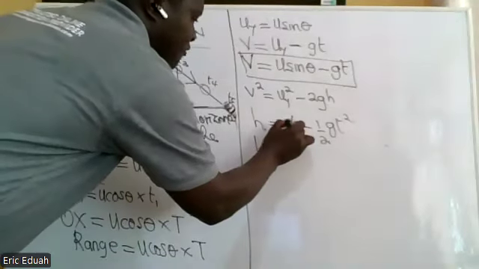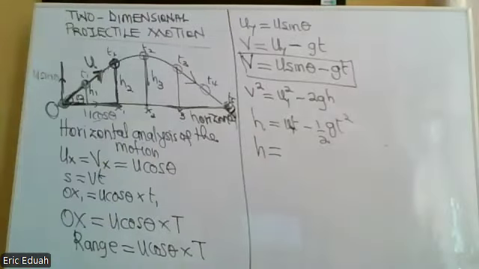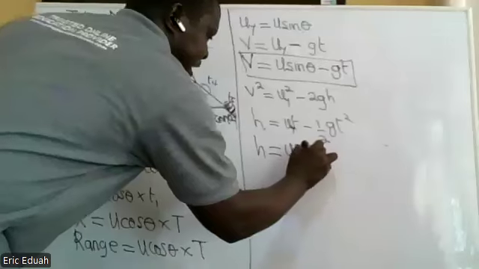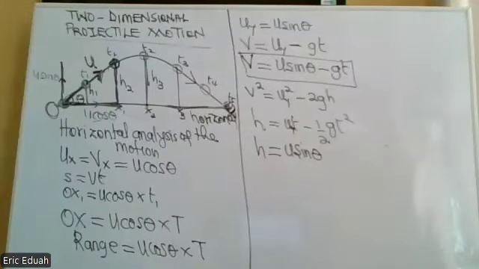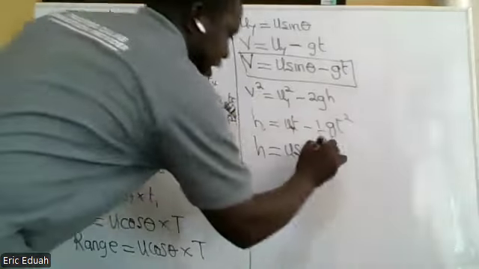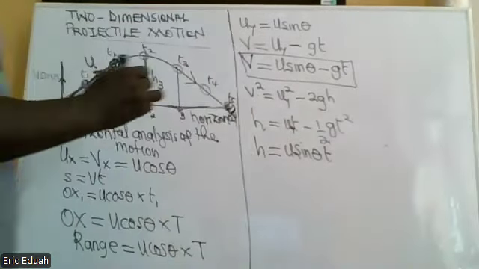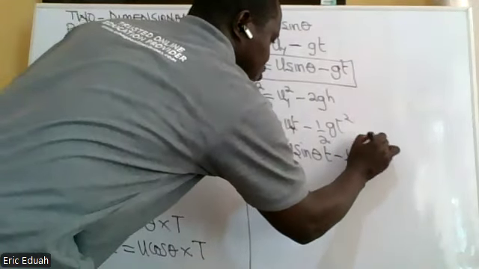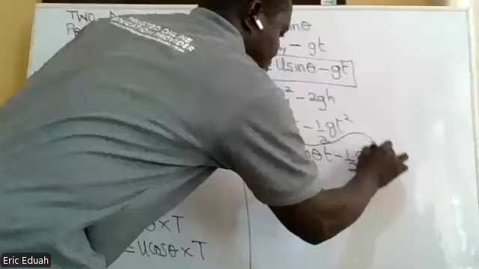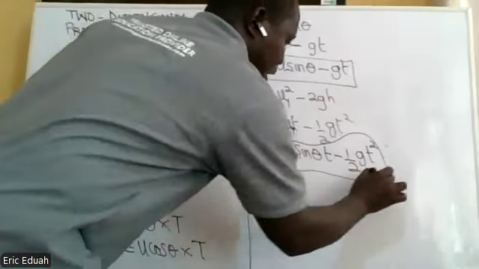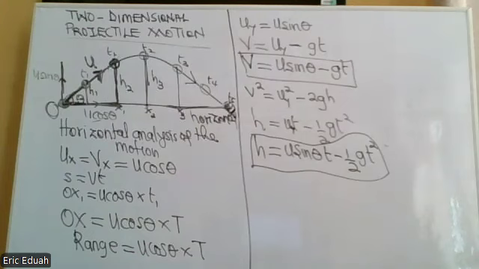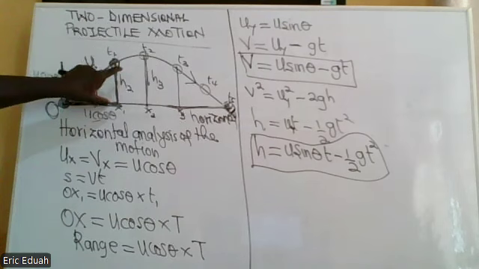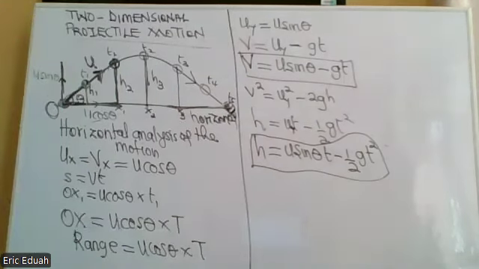U is the initial vertical velocity, which is u sine theta, times the time, minus half gt squared. So this is also an equation which would help us calculate any vertical displacement at any time t.